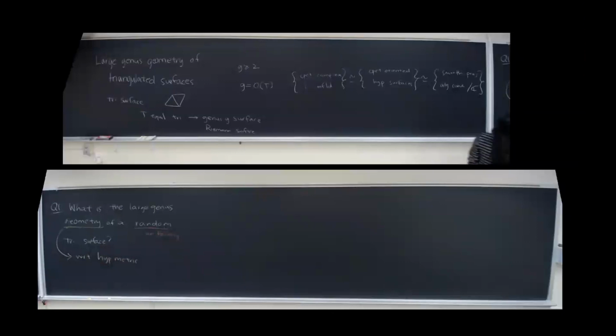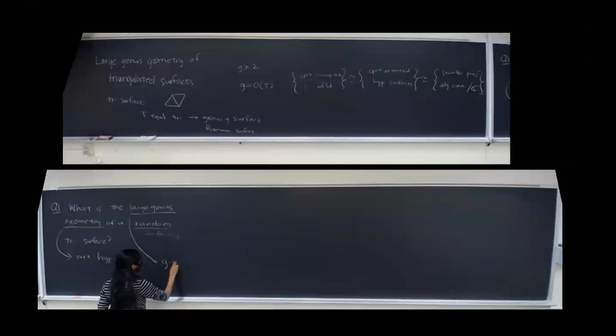Given a particular T and a particular g, there are a finite number of T-triangulated genus g surfaces, which leads to the question, what does large genus mean? In particular, this means what happens when T goes to infinity, and if g goes to infinity, since T is at least g, T also goes to infinity.